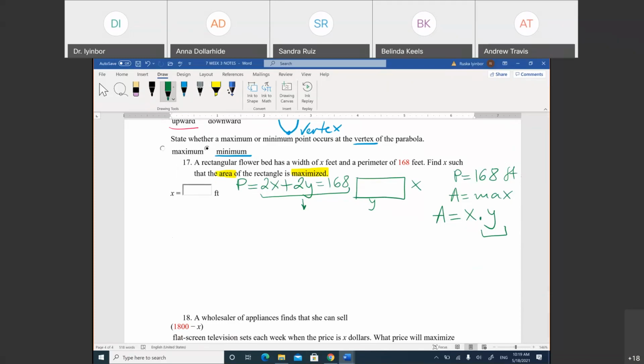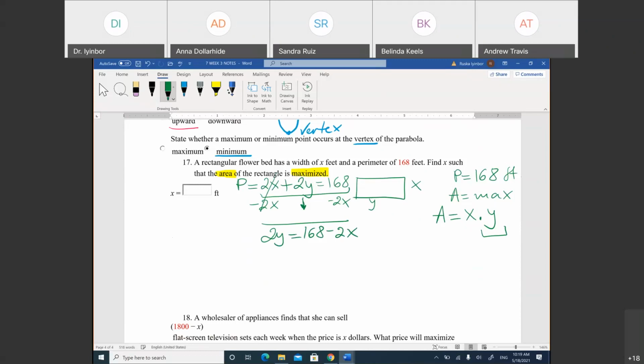So what are you doing to get y by itself in this equation? You're going to subtract 2x on both sides. So 2x cancels, and we have 2y equals 168 minus 2x. You don't combine them, you just copy those.